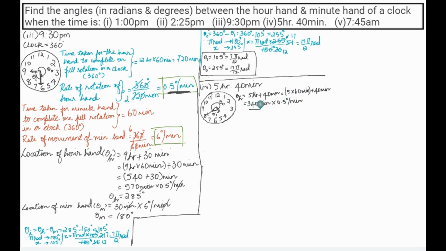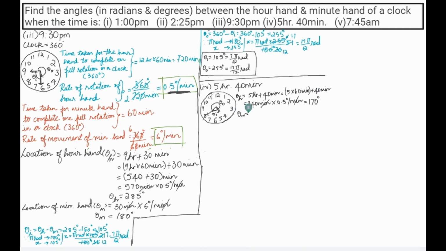And the rate of rotation of our hour hand is 0.5 degrees per minute. So when I multiply the rate of rotation of our hour hand into the time, how many minutes the hour hand has moved, we can find the location of our hour hand, which is equal to 170 degrees.